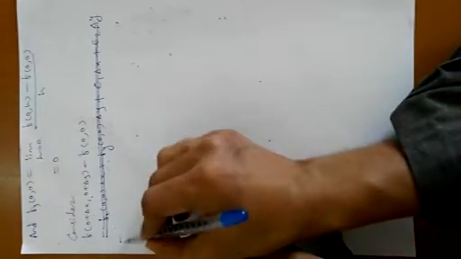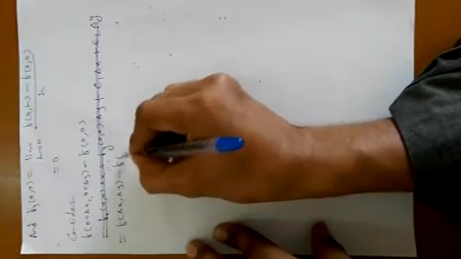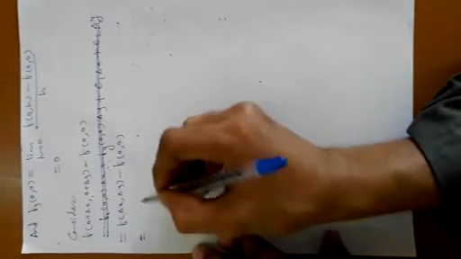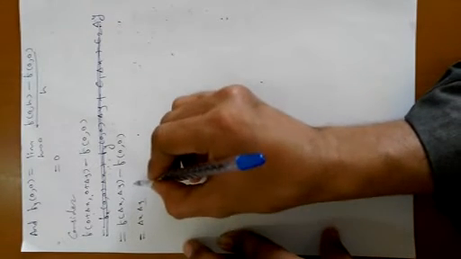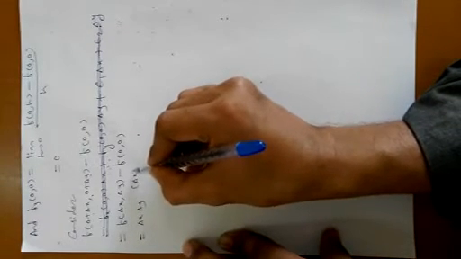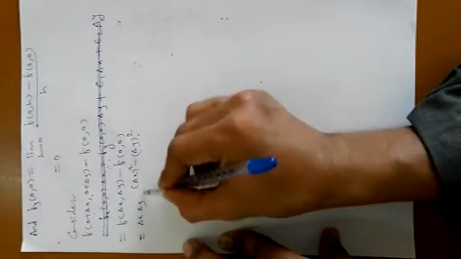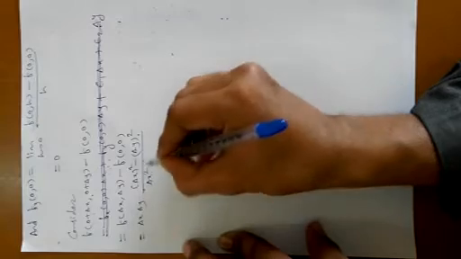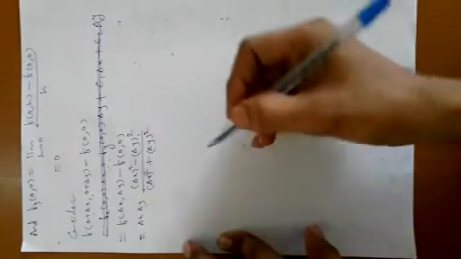First we will find this difference, f of delta x delta y minus f of 0 0, which is equal to delta x into delta y, into delta x square minus delta y square upon delta x square plus delta y square.